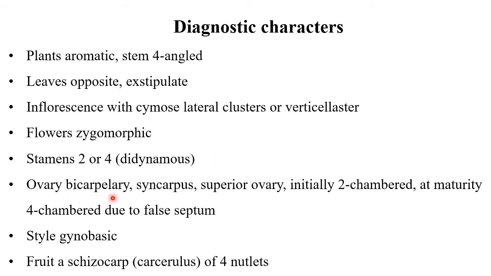Ovary bicarpellary, syncarpous. It is superior. Initially it is 2 chambered, and at maturity it becomes 4 chambered due to development of a false septum, which we have seen in the previous slide. Style is gynobasic and fruit is schizocarp, that is a carcerule of 4 nutlets.